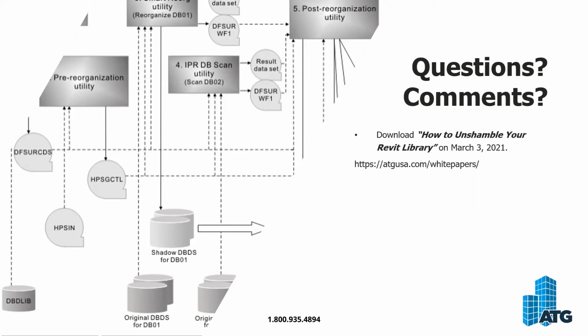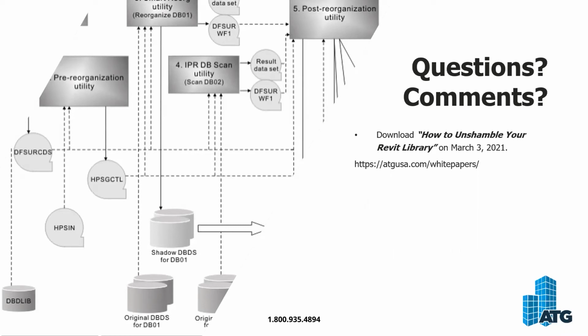And I've spent a few months researching that, putting together my thoughts on the best order and the successes that I have seen with other firms being able to unshamble their Revit libraries. And I've also put in our processes that ATG does on contract for firms.